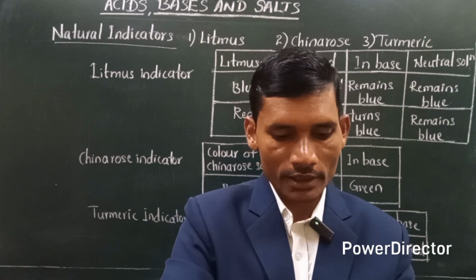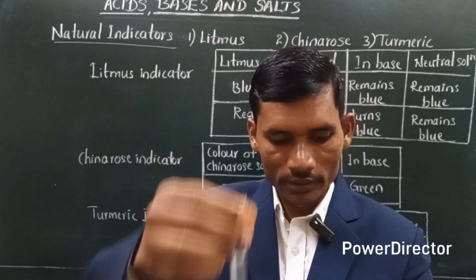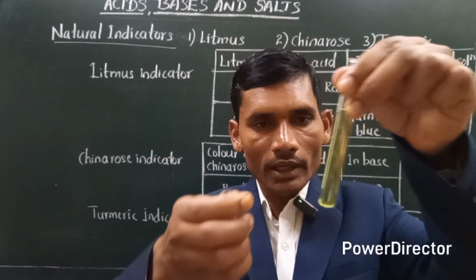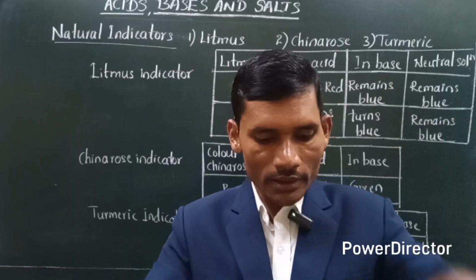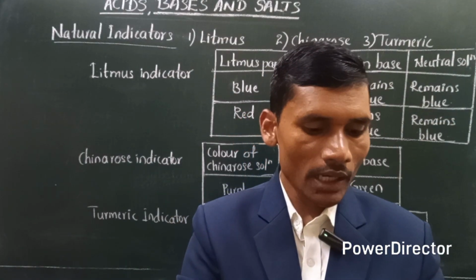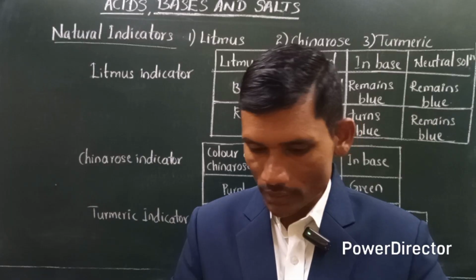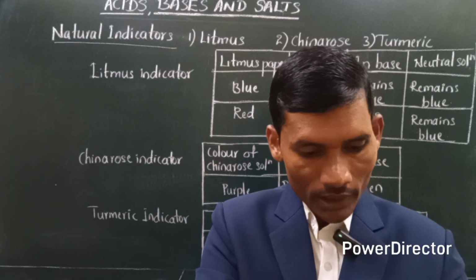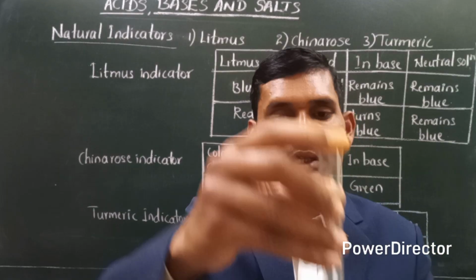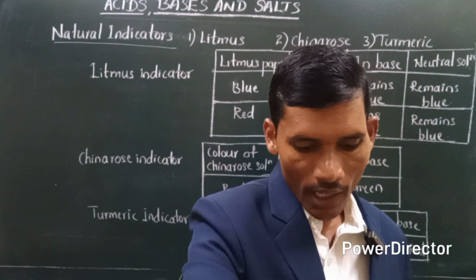These are bases, we'll see later. This one, lemon juice, acid. Floor cleaning liquid, acid. And what is this? Tamarind, acid. And lemon juice is also an acid, remember.